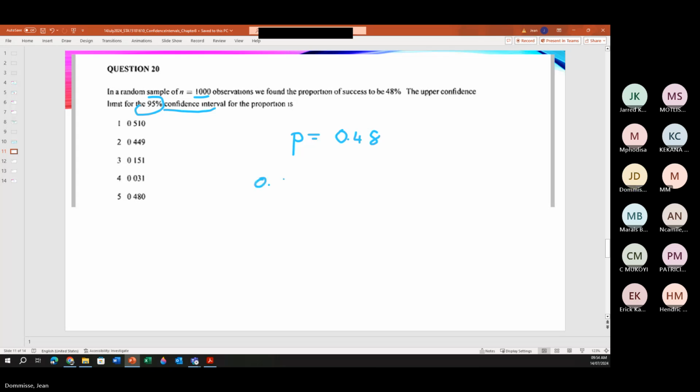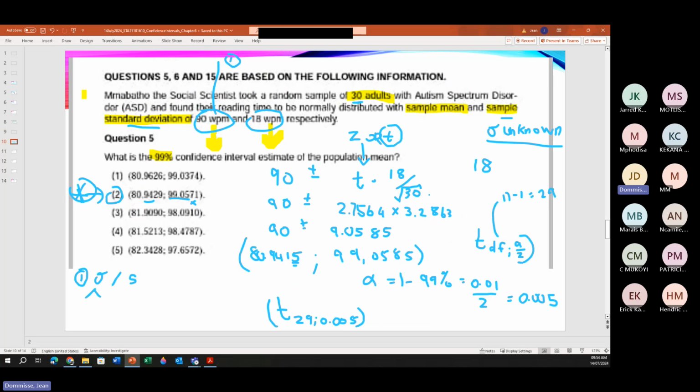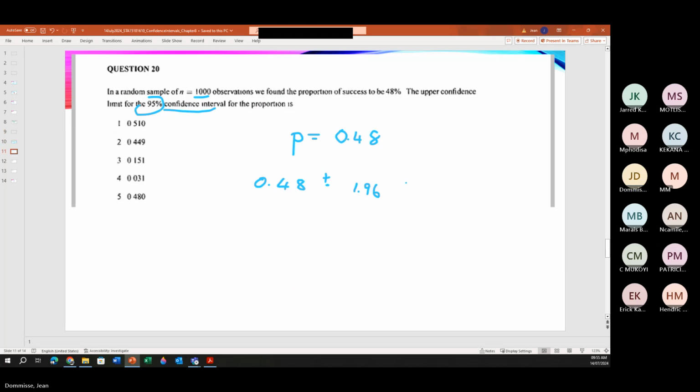Okay, so we've got 0.48 plus minus Z, which is 1.96 because that is 95%. And then, I can't remember. So again, it is what? P times 1 minus P divided by n, and we take the square root of that.